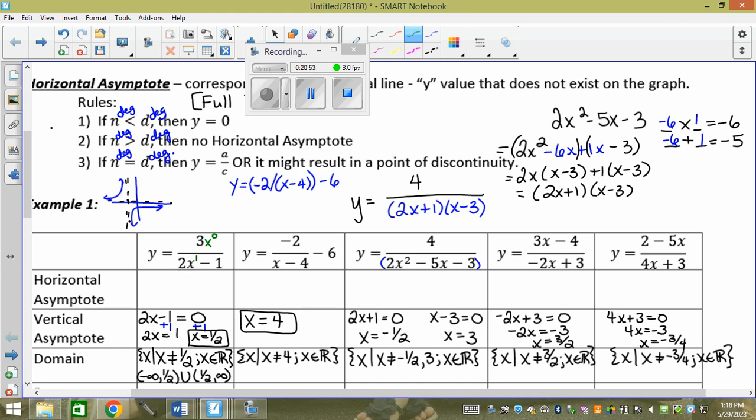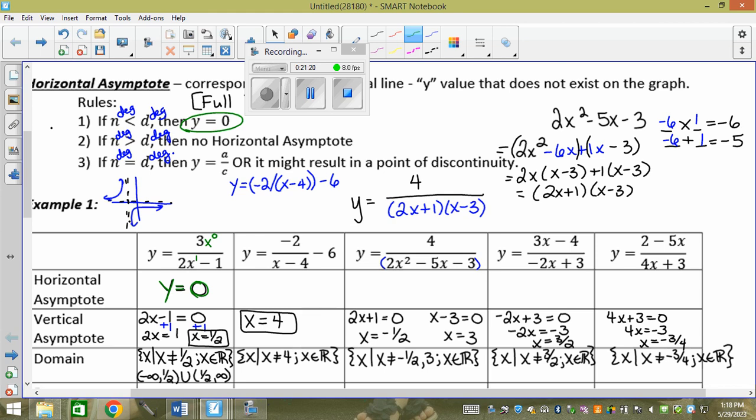So my numerator is a lesser degree than my denominator. When that happens, numerator is a lesser degree than the denominator, it's always y equals 0. So your asymptote is going to be on the x-axis, right?